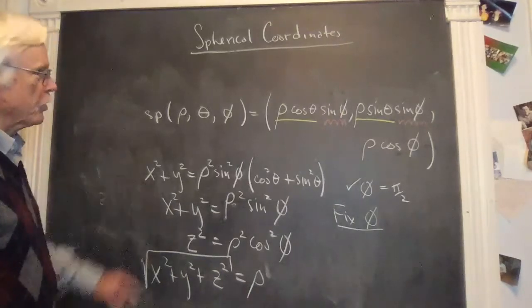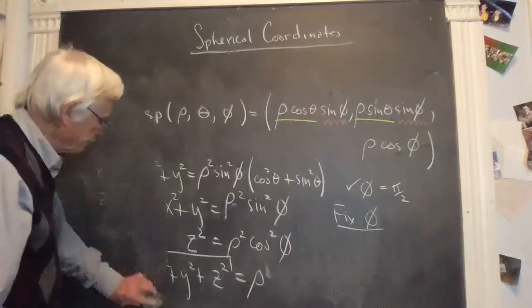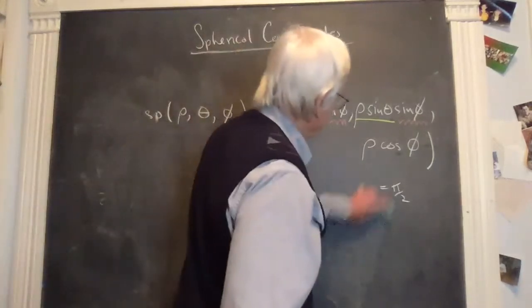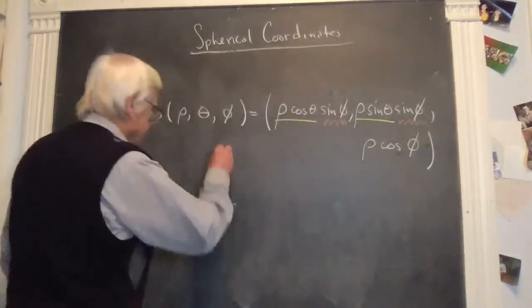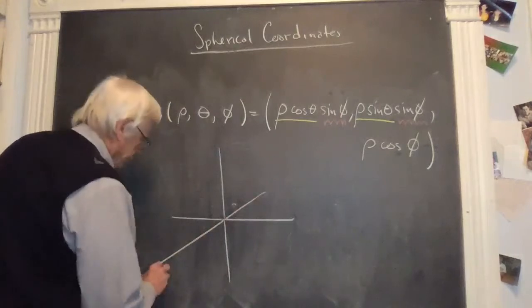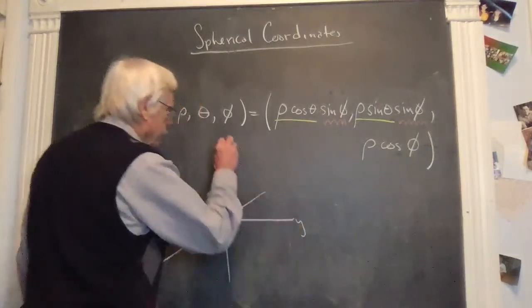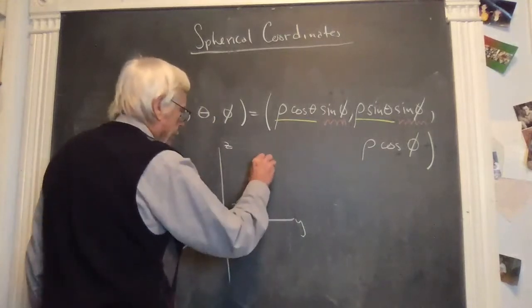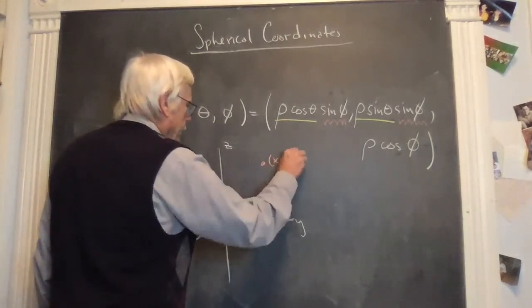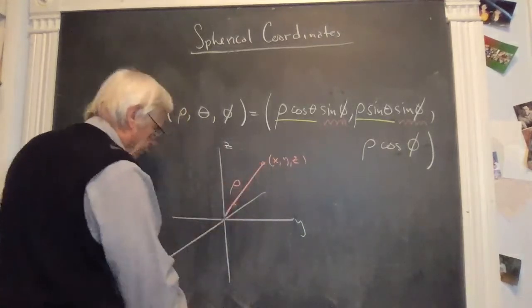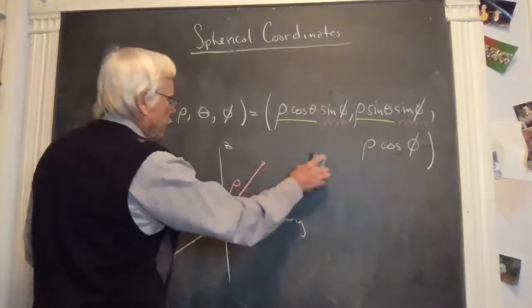I'm going to erase this work and draw myself a little picture here. Typical XYZ coordinate system. You take any point here, fix this point XYZ, then rho is equal to that distance, the distance between X, Y, Z and the origin.